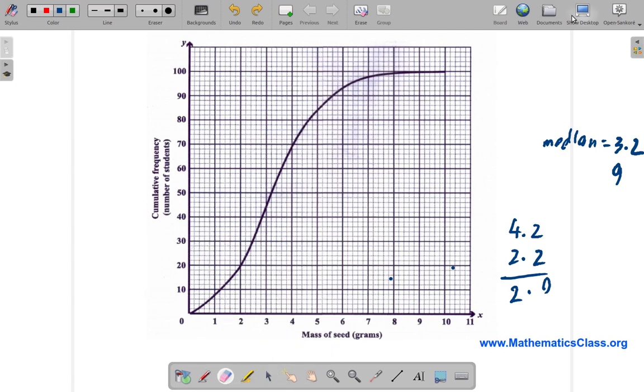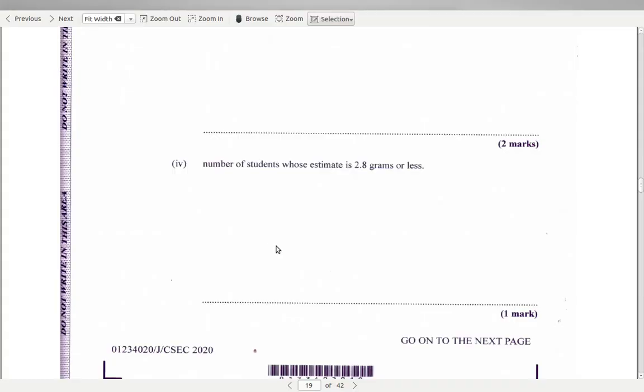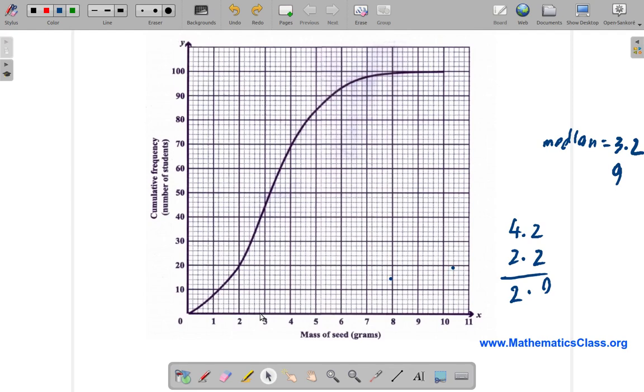All right. So we're going to identify 2.8 grams.